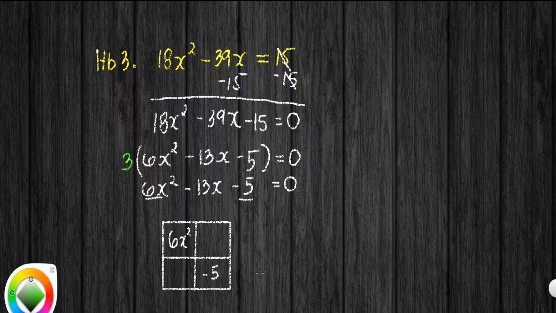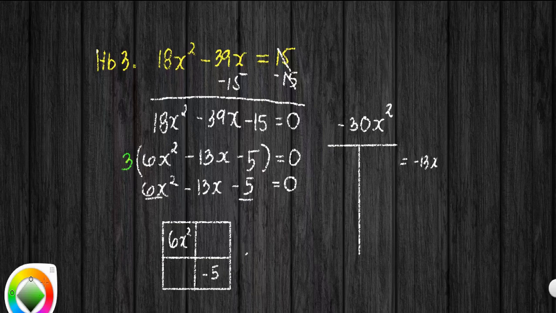For the next step of the box method, we have to get the product of the first and the third term. The first term is 6x squared and the third term is negative 5. Their product when we multiply is negative 30x squared. Now, let us get the factors of negative 30x squared whose sum is negative 13x.